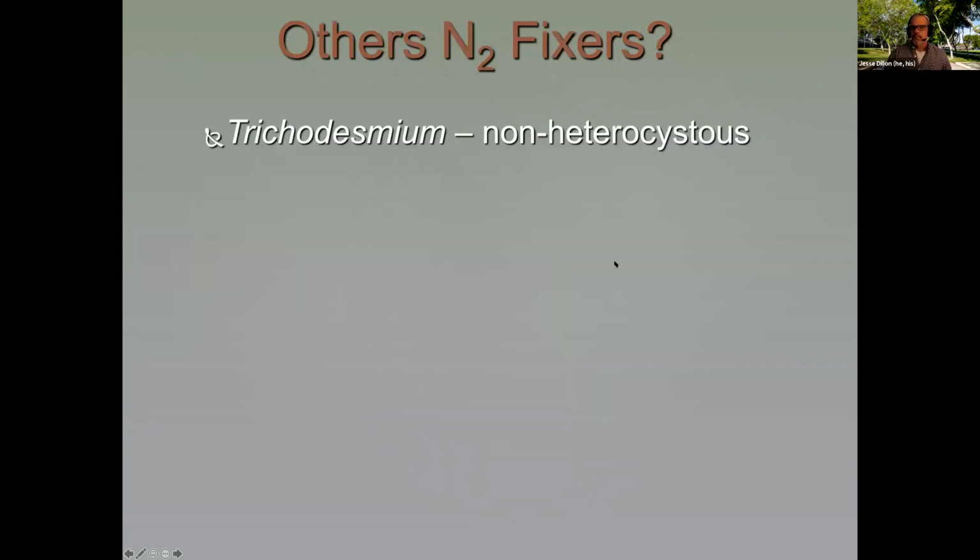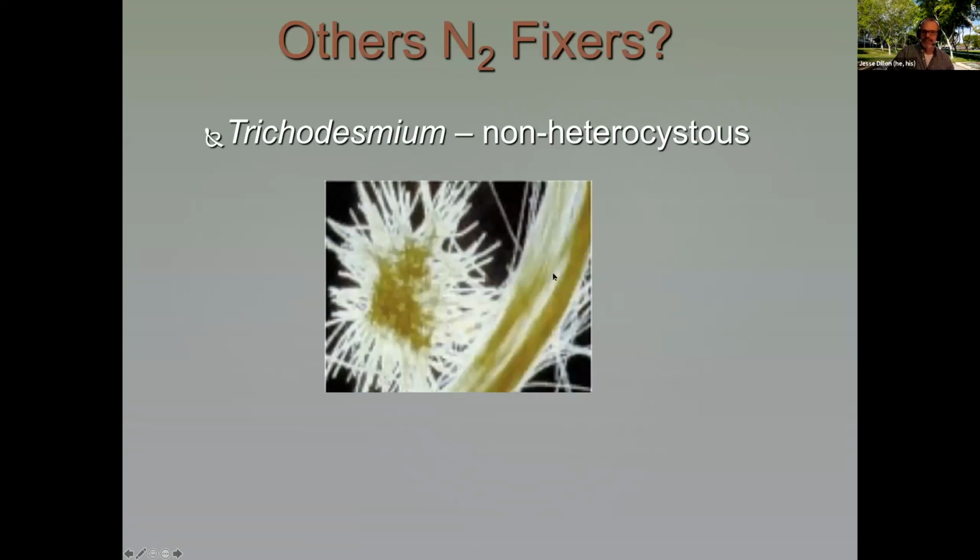But it turns out not all cyanobacteria that fix nitrogen are filamentous. Or not all of the filamentous ones produce heterocysts. So for example, Trichodesmium, which was one of the earliest studied examples. This is a common marine cyanobacterium that looks like this under the microscope.